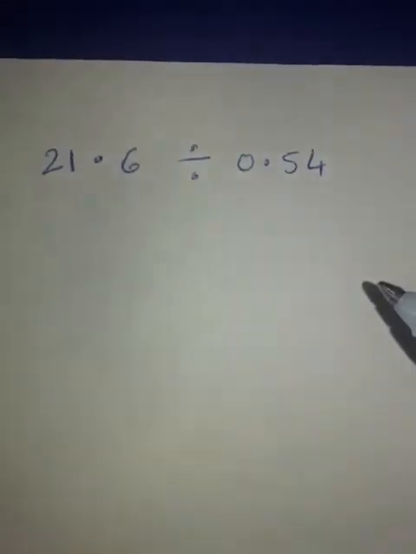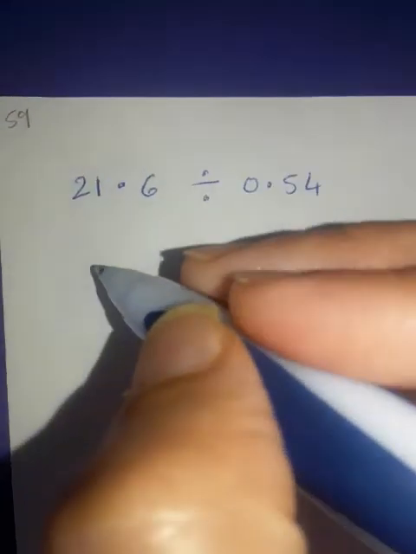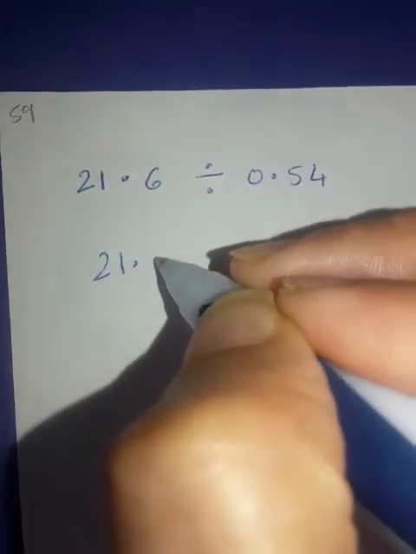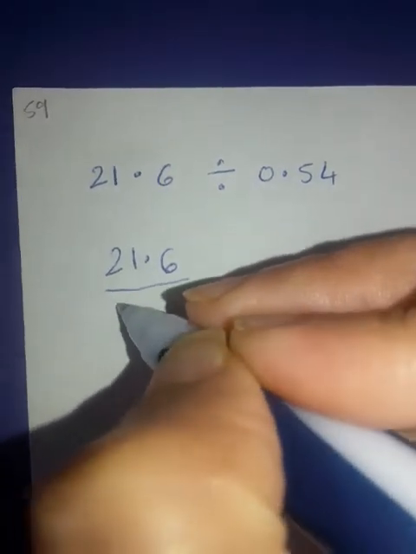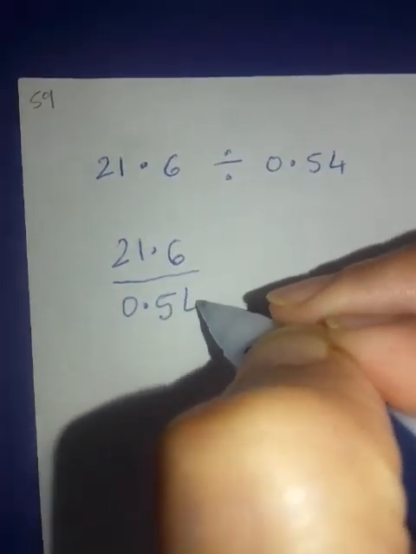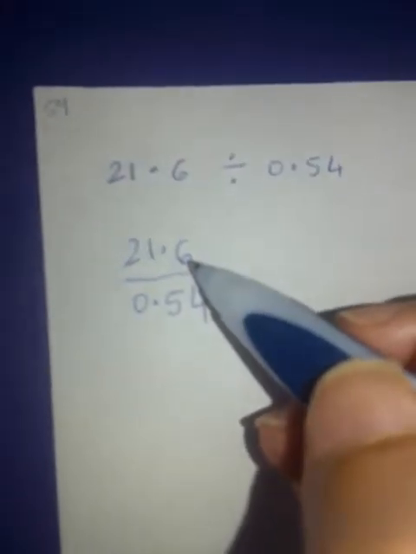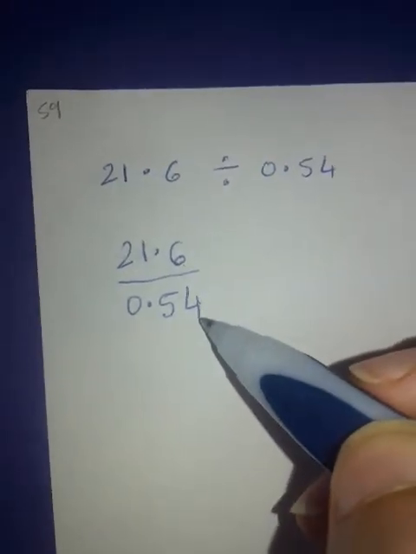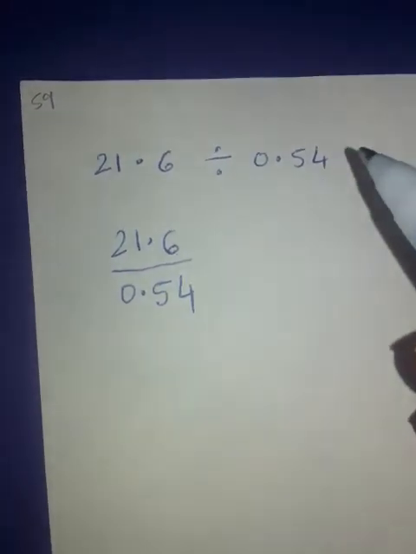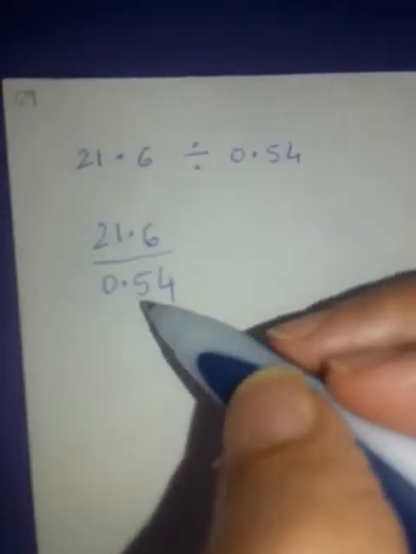21.6 divided by 0.54. What is the first step? First write it down in the form of numerator upon denominator. Here there is only 1 decimal place, but here there are 2. We don't want any decimal. So what we need to do?